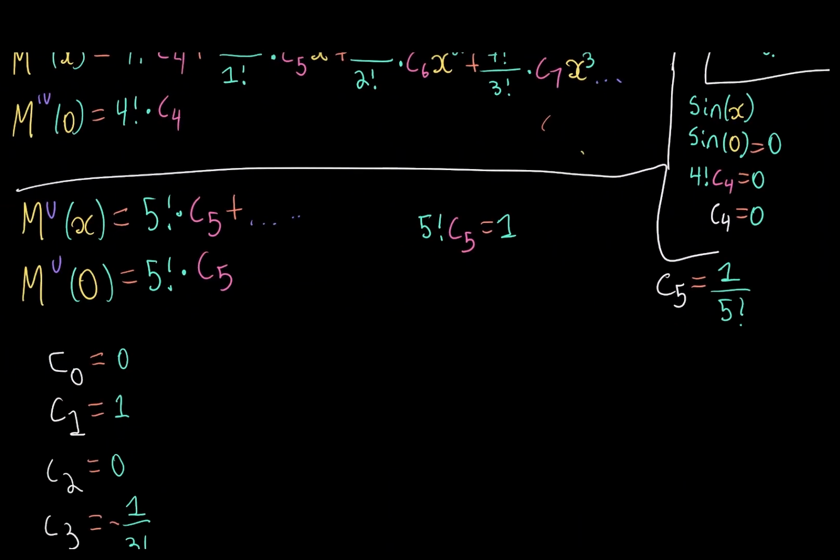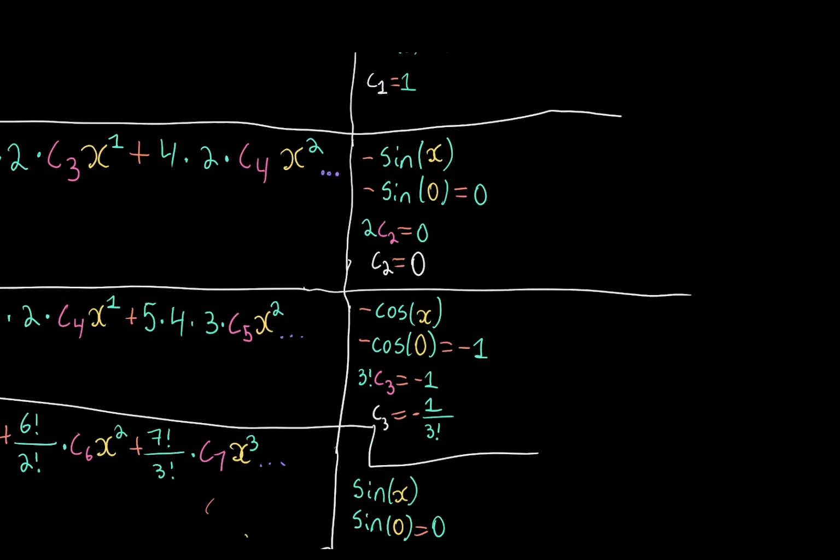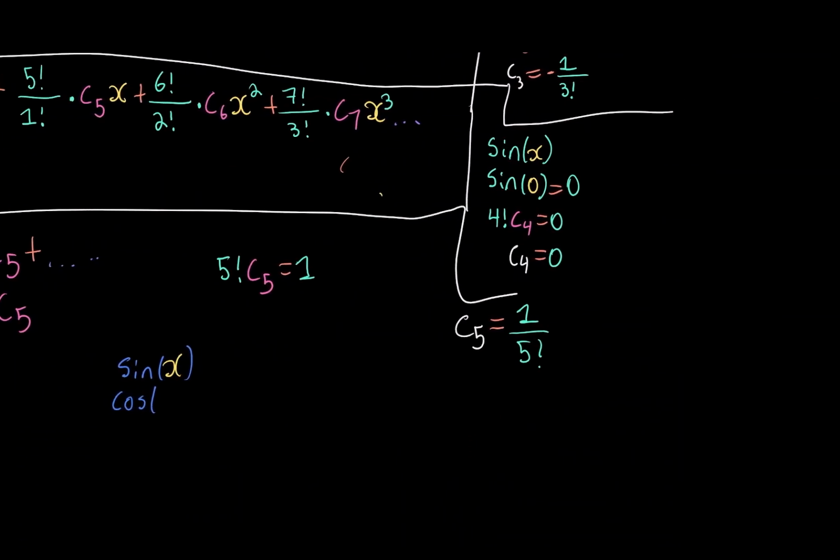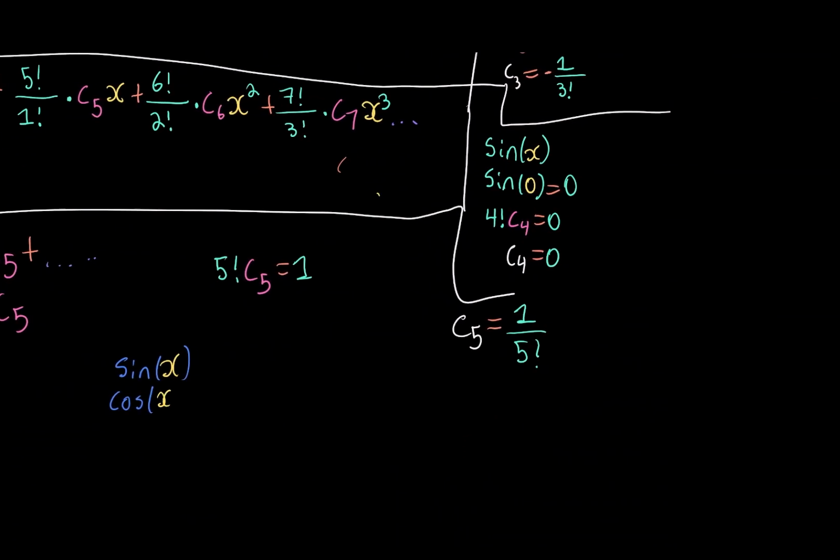So actually, let's just write that down. I call this the trigonometric loop. I don't know what it's actually called. It's just something that I've noticed. So we started with sine x. And then it became cosine x. And then it became negative sine x.